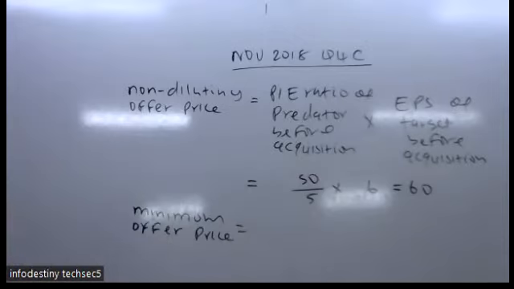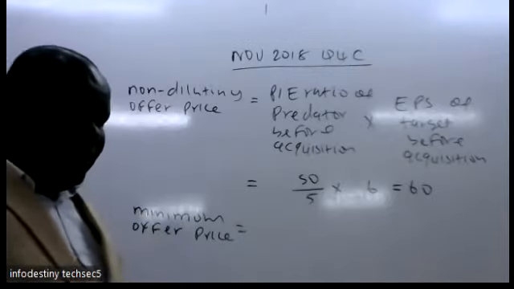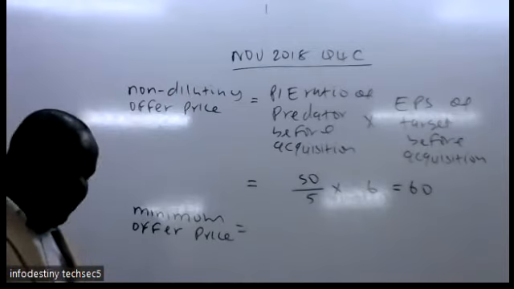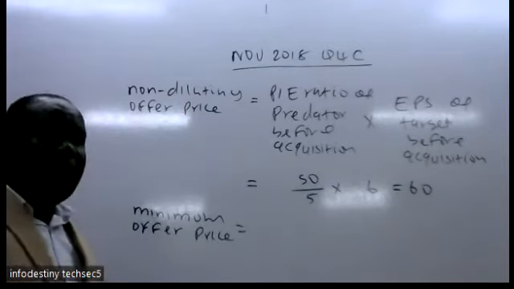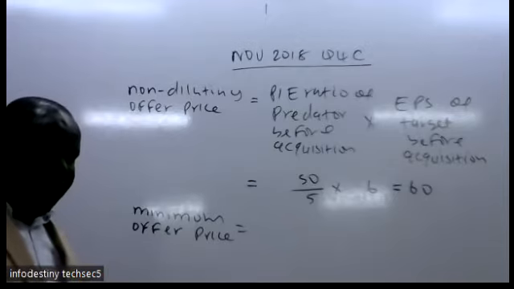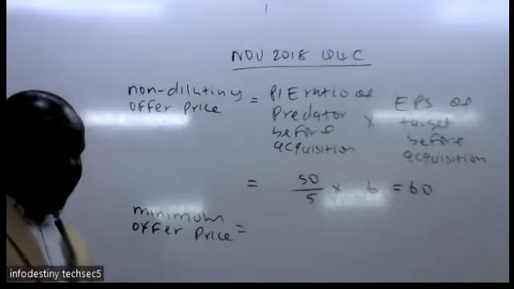To compute the minimum offer price, Chilolo Limited will have to offer a minimum of what percent? 25% of Roca Limited's current market price.